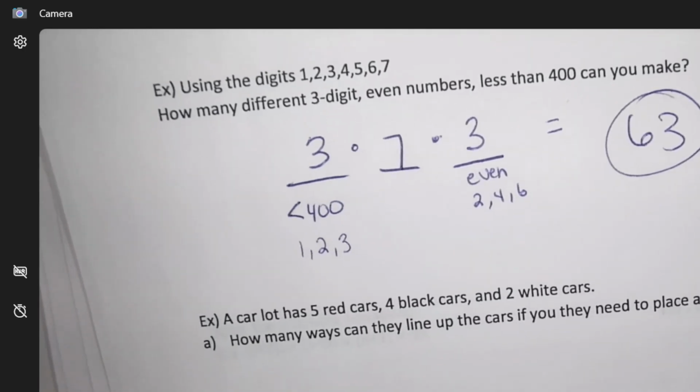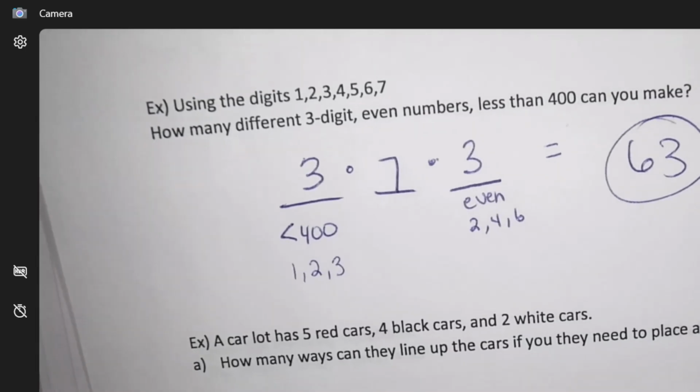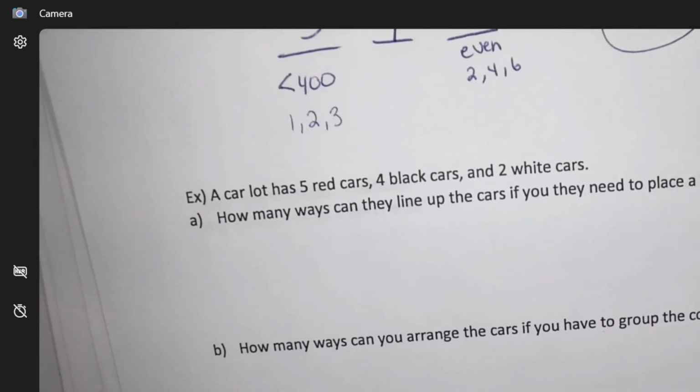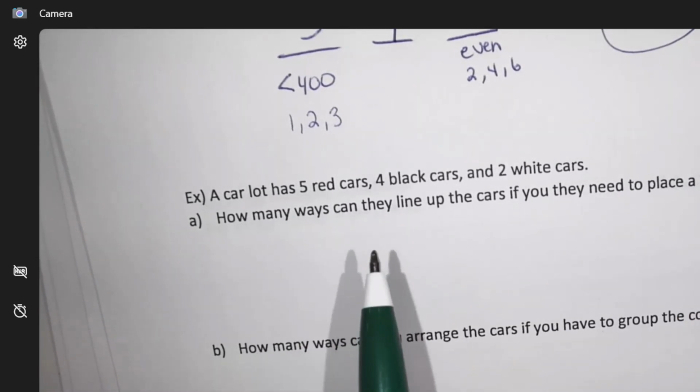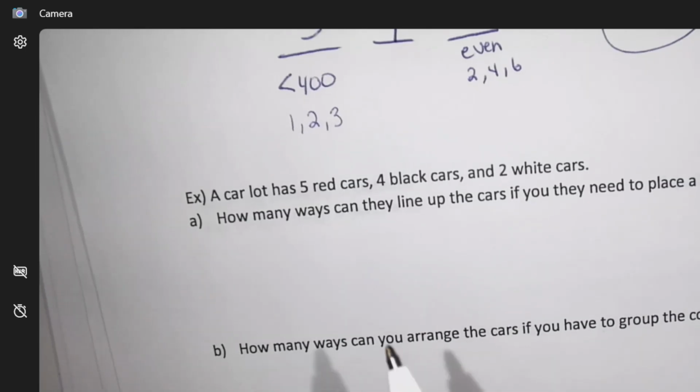We have 5 red, 4 black, 2 white cars. How many ways can you line up the cars if they need to place a red car on each end and the middle? Okay, so I'm just going to count here, 11 cars.